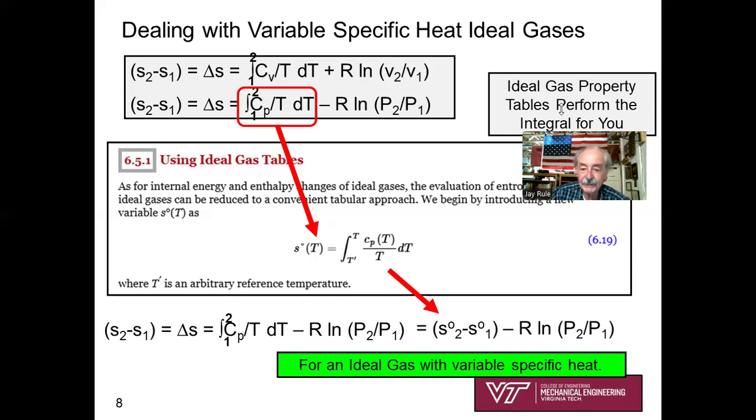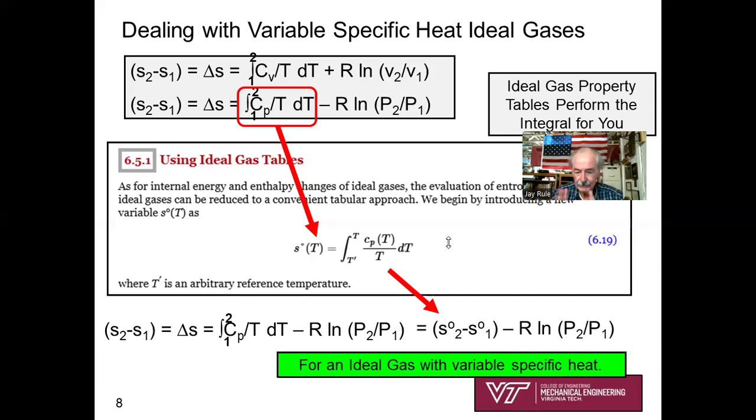The nice thing here is that this s0 is tabulated in your ideal gas property tables in the back of the book, so that you do not have to do this extremely detailed integral every time you've got an ideal gas with variable specific heat. You say, well, when would I have variable specific heat? That's when the temperature change is large. So for any large temperature change, specific heat is a variable, not a constant.